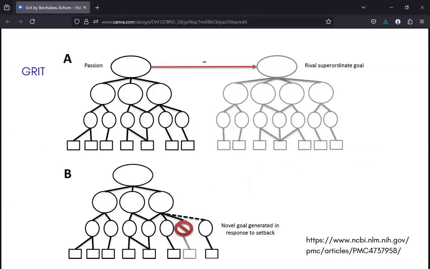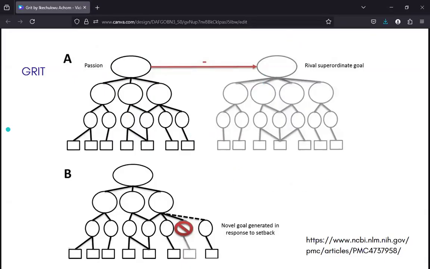To talking about now grit, in illustration. So you can see here two things. You have the passion. Of course, this is still a goal hierarchy. I started by explaining the goal hierarchy, your goals, mid-level, broken down to actions. Now, this is the thing about grit. You have a passion, you have something you're chasing after, but then a rival goal comes into play.